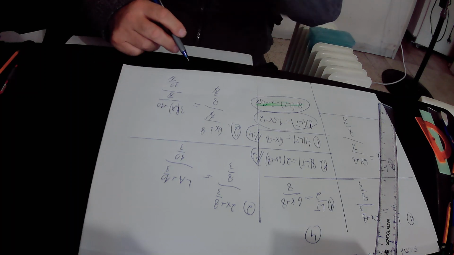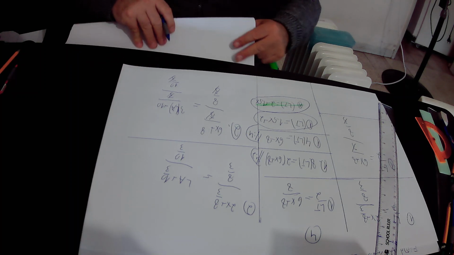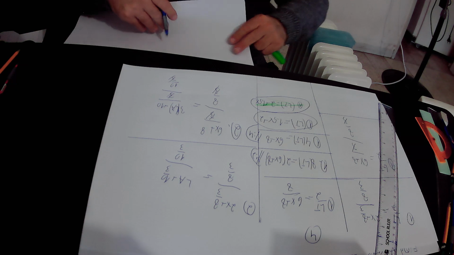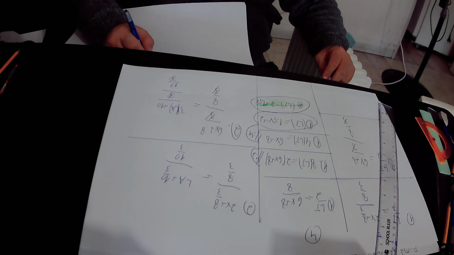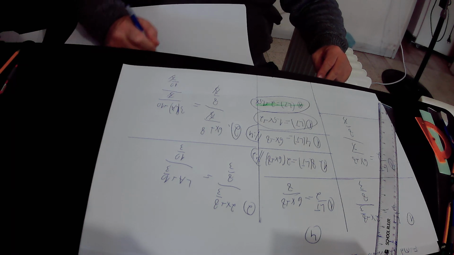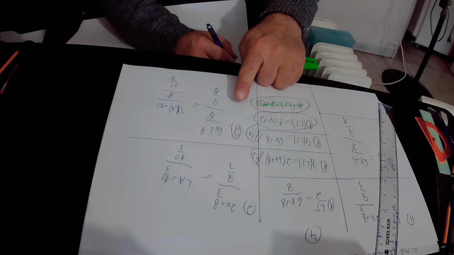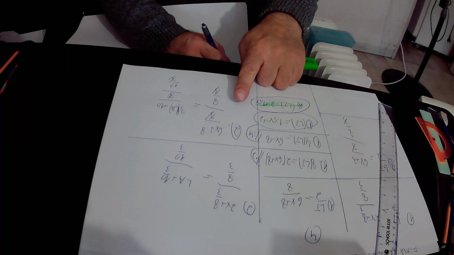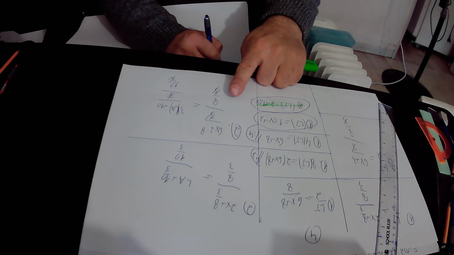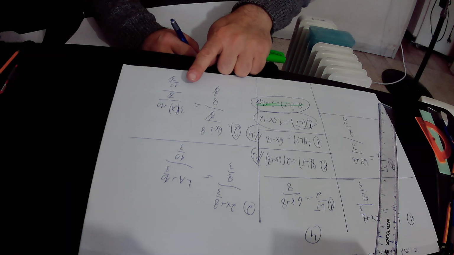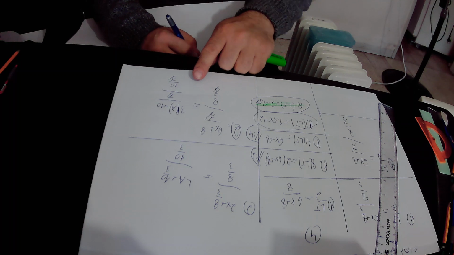So what is left from equation 2 after we cancel 3 from both sides? On this side we are left only with 6x plus 8 over 8, that equals, on the other side, 3LA plus 10 over 10.